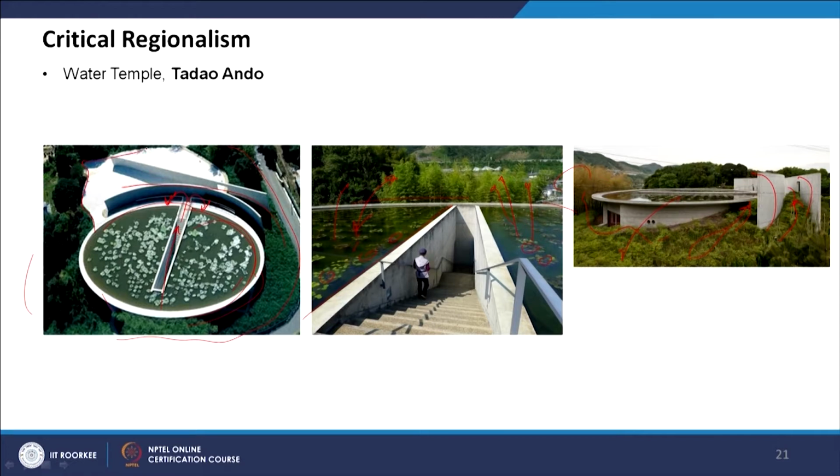Also, this comes from a curvilinear line, and then again a pure geometric thing. So this is coming from natural random lines to a particular circle. So this is fusing with the nature.